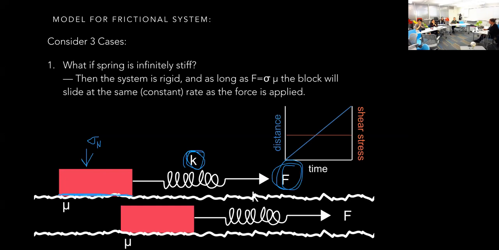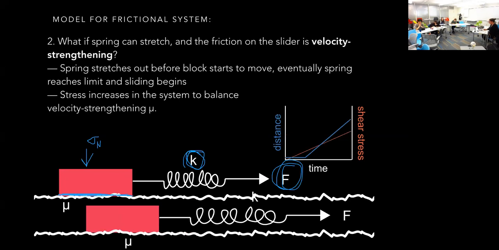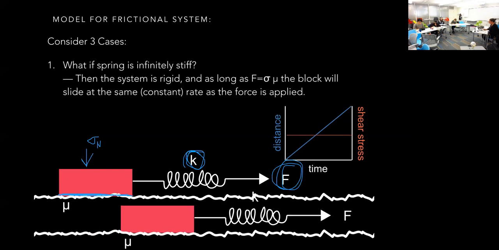All right, so let's consider a couple of end-member cases here. If the spring is super stiff, so it's effectively not a spring because it's so strong that you can't stretch it, then when you pull with some force here, the spring doesn't stretch, so the pull gets translated directly to the brick, and you just pull the brick along.